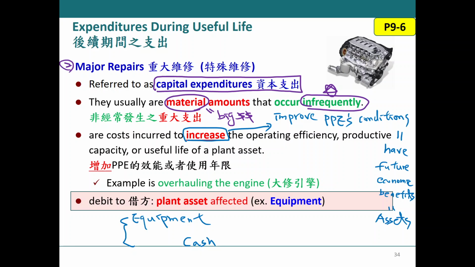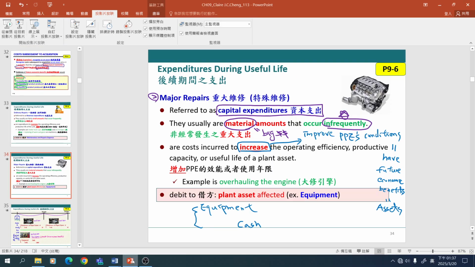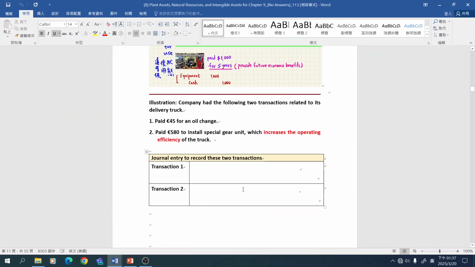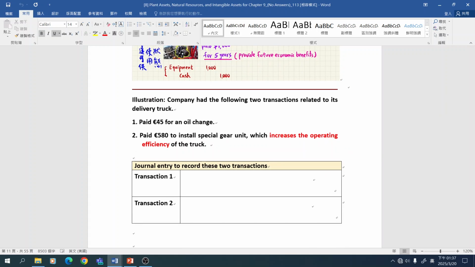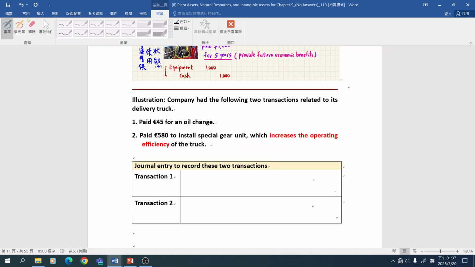Okay? So please go to your note on page 11 right here. So did you find out? It's for your delivery truck. So delivery truck, 运货卡车. So means what? That's your equipment.